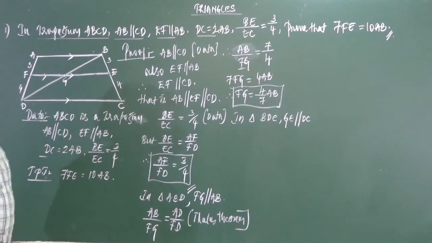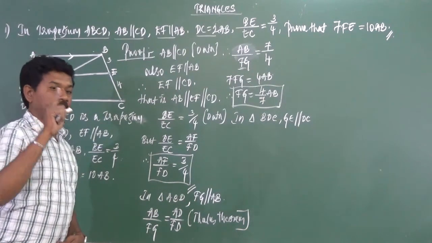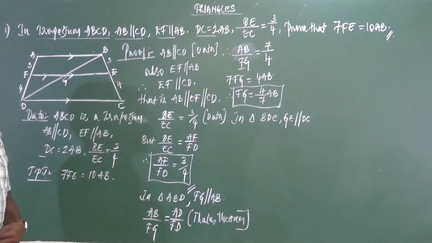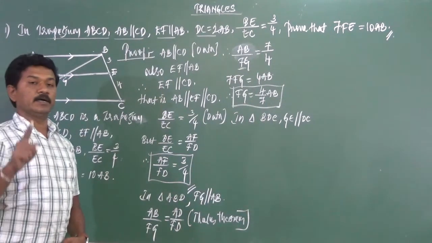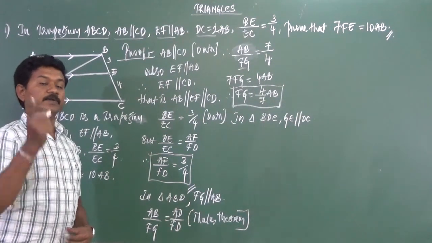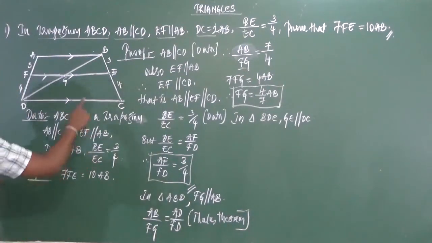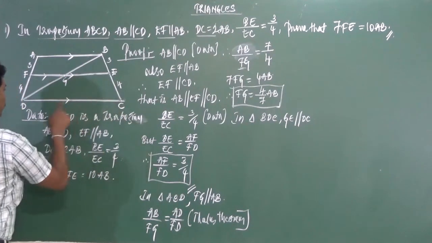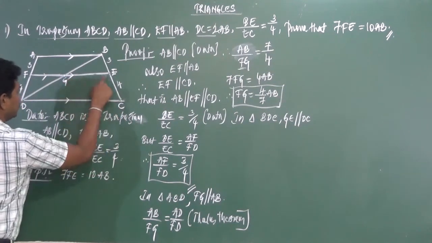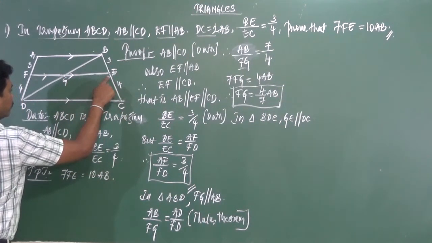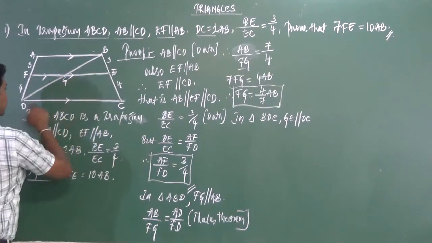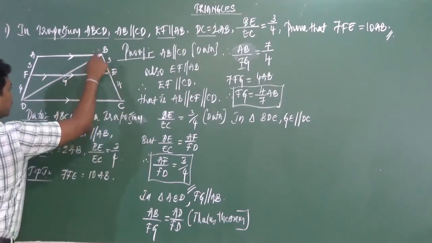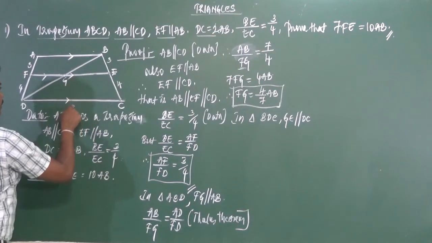Corollary 3, I hope you remember once again: if a line is drawn parallel to a side of a triangle, then the sides of the newly formed triangle are proportional to the sides of the given triangle. So in triangle BDC, GE parallel to DC, therefore DC by GE. For the bigger triangle, I am taking side DC. For the smaller triangle, I am taking GE because they are the corresponding sides.